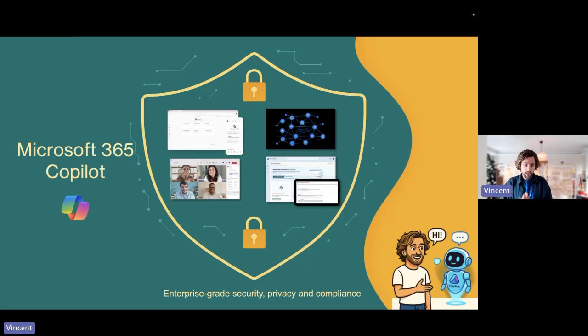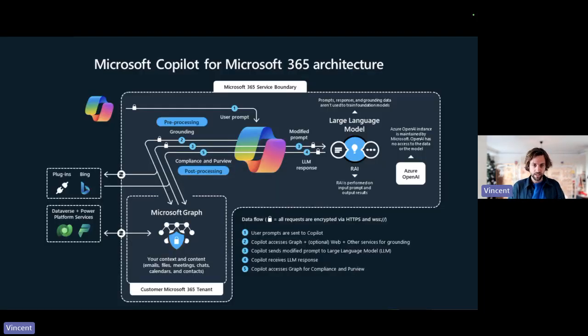Most importantly, everything here is protected by your enterprise-grade security. Everything you do within Copilot is protected by Microsoft policies, but also by your IT team's security and compliance policies. That's super important when you're using generative AI with business data, because then your data is secure.